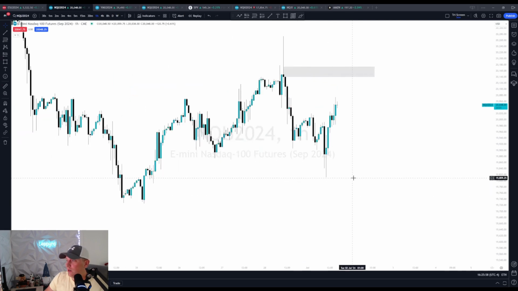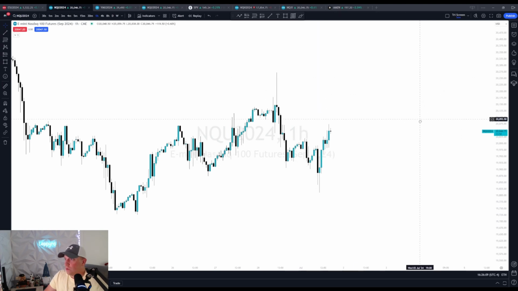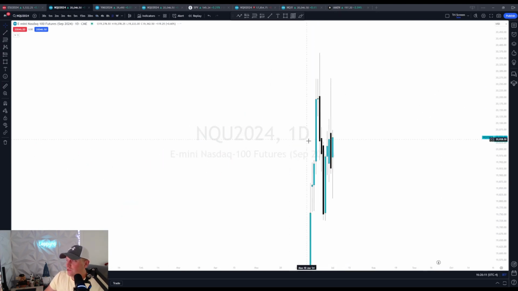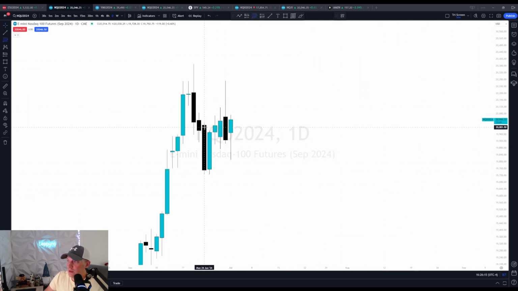We've seen a little more displacement through the 50% and through the last PD arrays to confirm we're ready to go back up and sweep this high. So with that, guys, just remember, we are still delivering from this daily order block. We made this daily order block last Thursday when we closed above it.